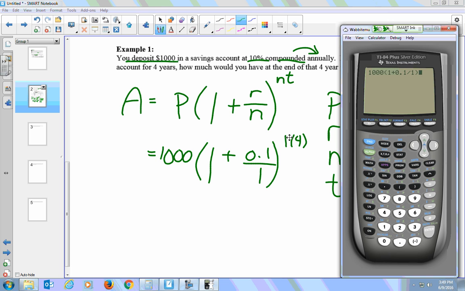To get into the exponents, you press this little hat here, and you put 1 times 4. Which seems ideal, except that this calculator is now going to calculate this bracket to the power of 1 and then multiply that whole thing by 4.